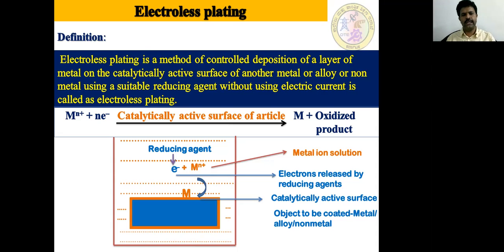Throwing power indicates the quality of deposition or yield. That is more if we conduct electroless plating. And another very important thing is this method can be used for both metals as well as non-metals. So that is the importance of electroless plating.